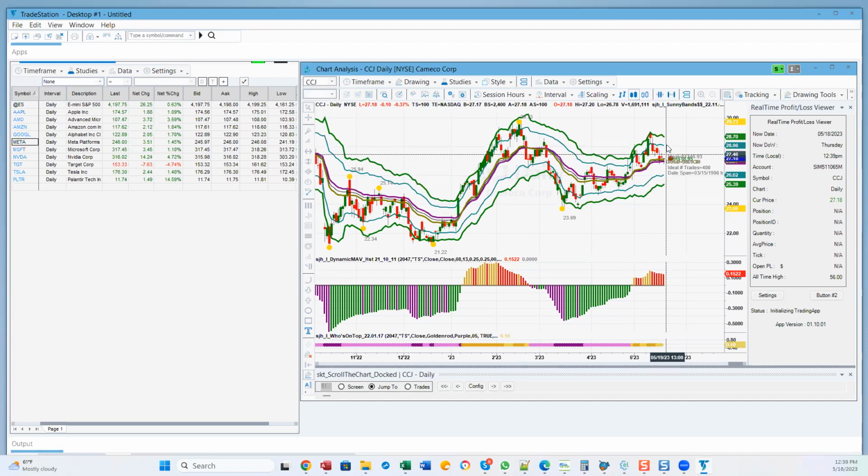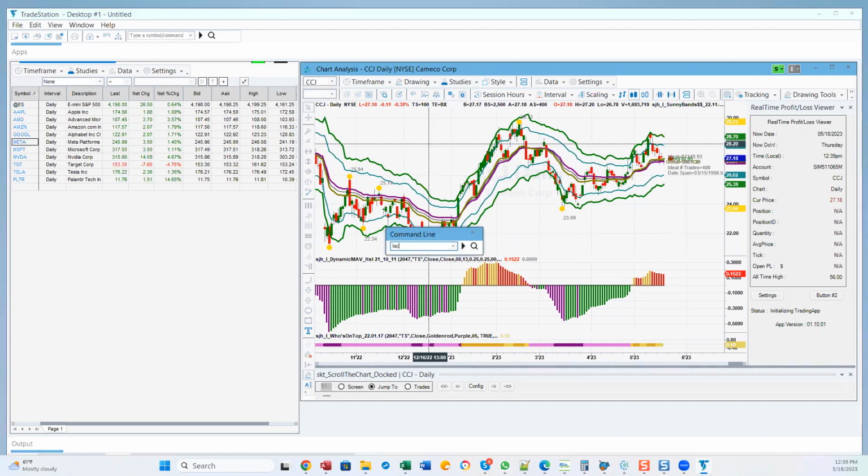So we're looking at 28, and it's currently at 27.18. That's not much of a bet for me. I'm not looking to make a point or two. I'm looking to make 50 points, which is why I trade the ES, everybody. Let's look at LAC.